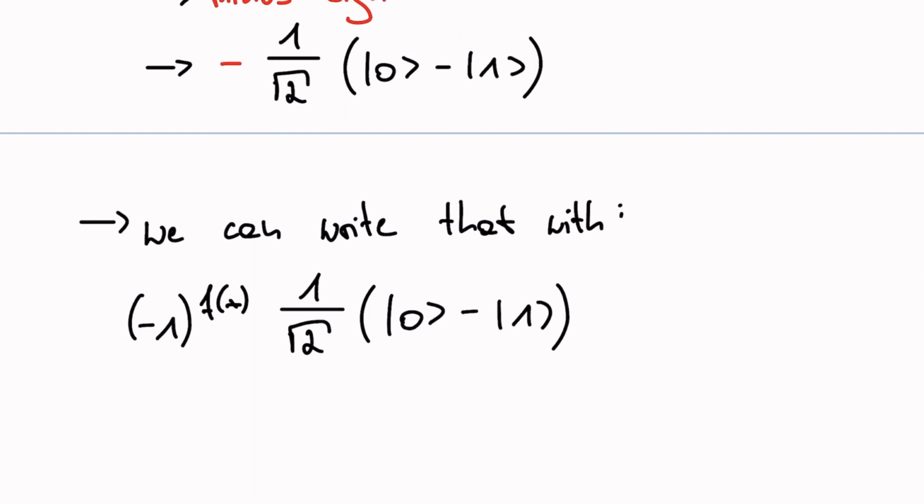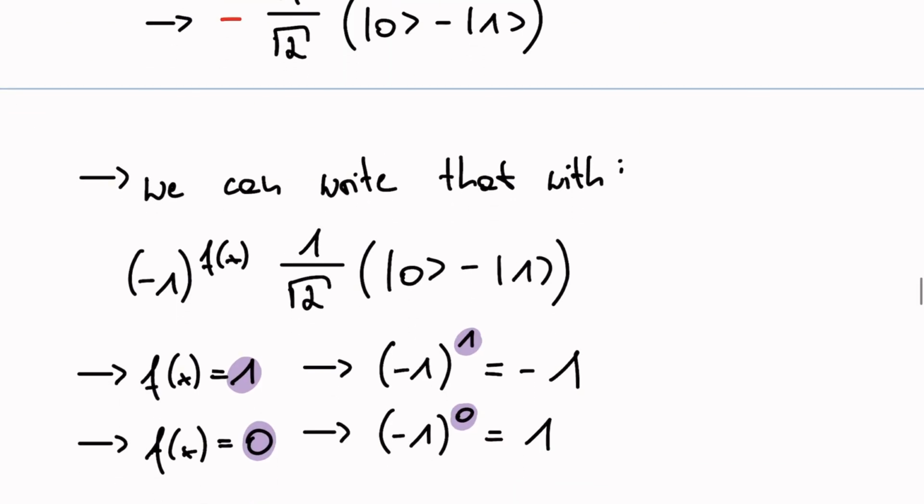Let me explain that more clearly. If f of x is 0, then minus 1 to the power of 0 is just 1, so nothing changes. If f of x is 1, then minus 1 to the power of 1 is minus 1, and the sign of the entire state flips.